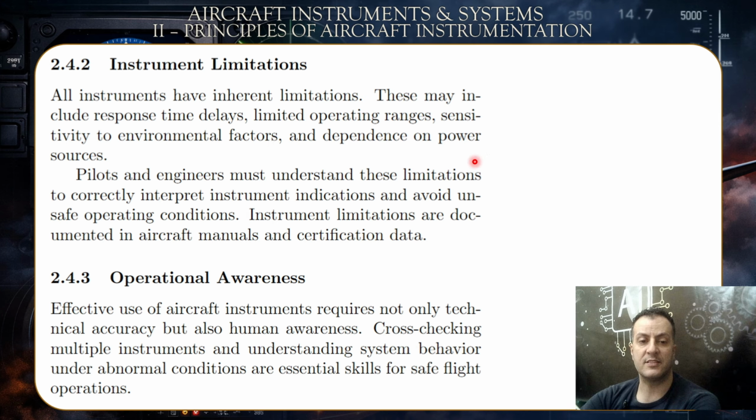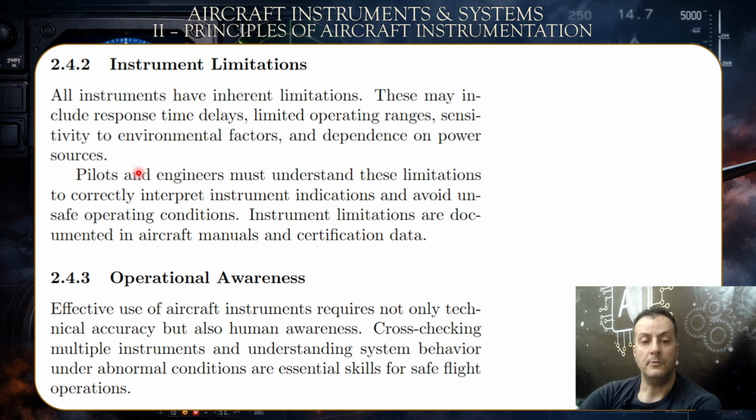And also dependence on power sources, meaning that especially for electrical instruments, you would need consistent power coming from the engine to have an accurate display. So if you have a power cut or an electrical problem or a short, it can give you a false alarm, a false measurement, etc.